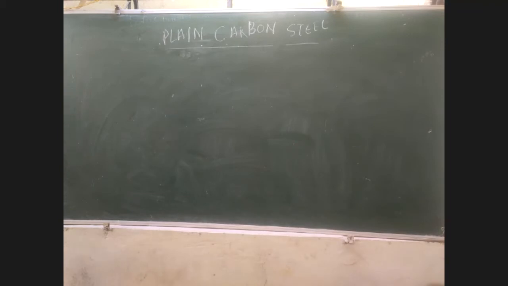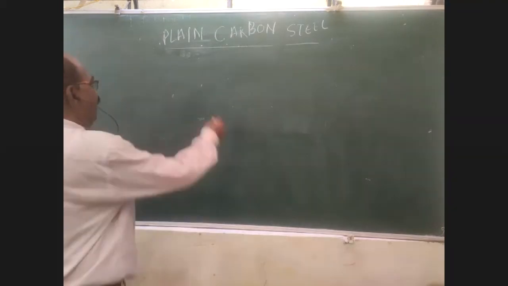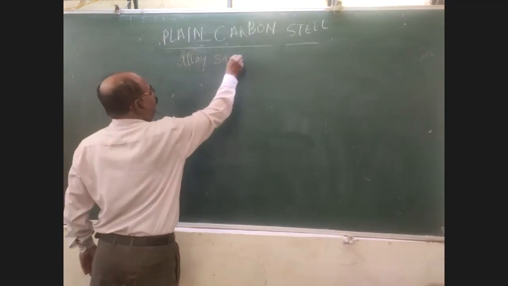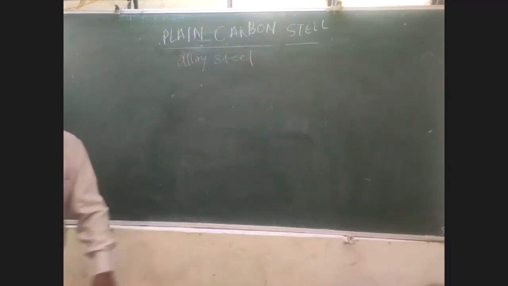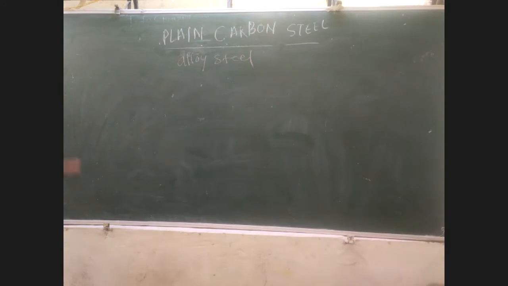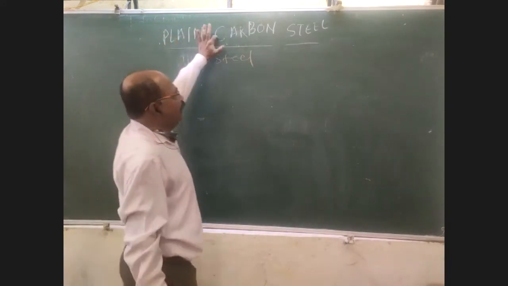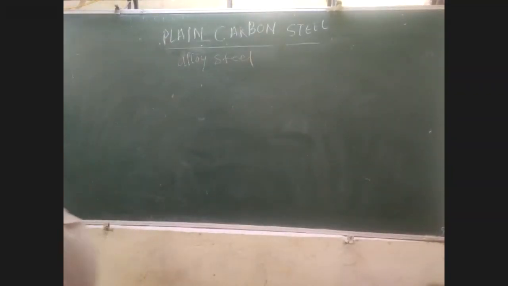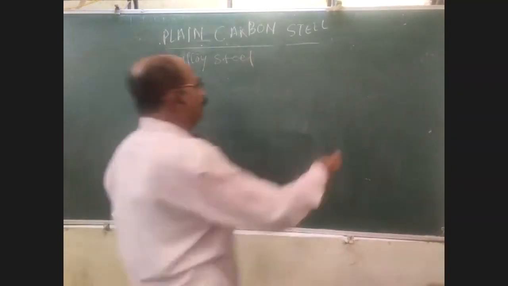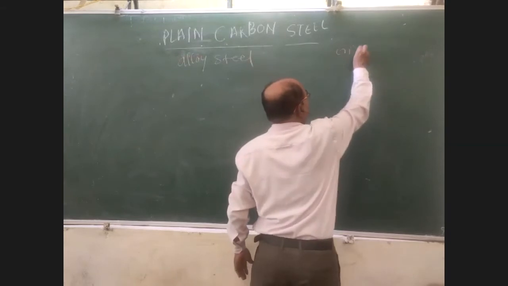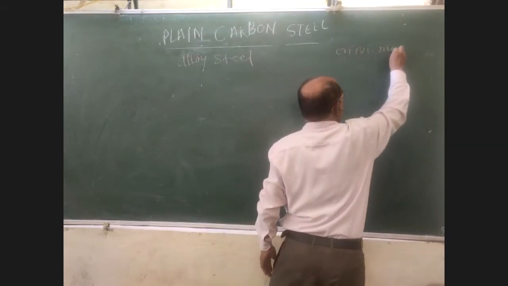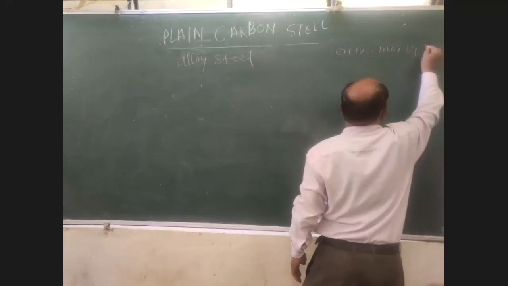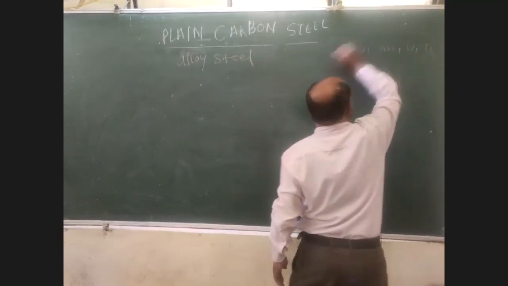Now, plain carbon steel and next is alloy steel. What is the difference? This we're going to discuss. In plain carbon steel, alloying elements are not there. What are the alloying elements? Chrome, nickel, molybdenum, vanadium, titanium. These are the alloying elements.